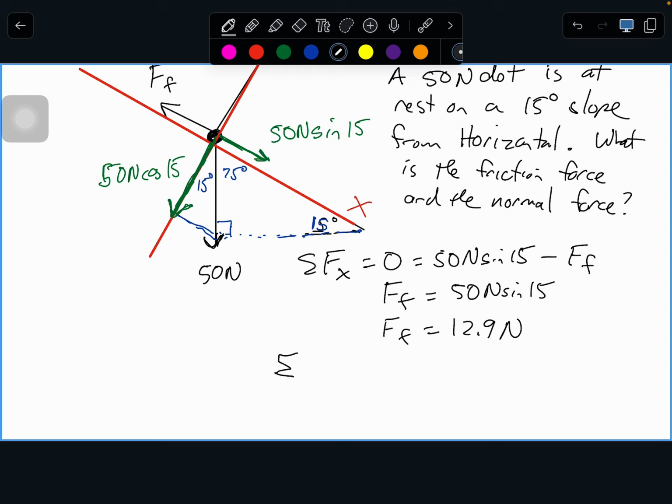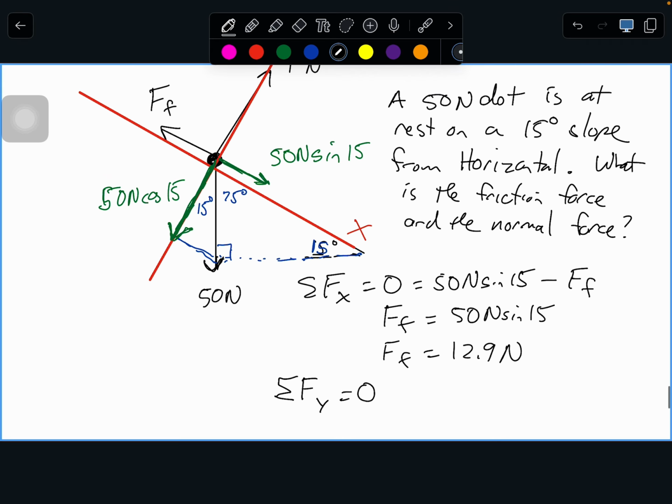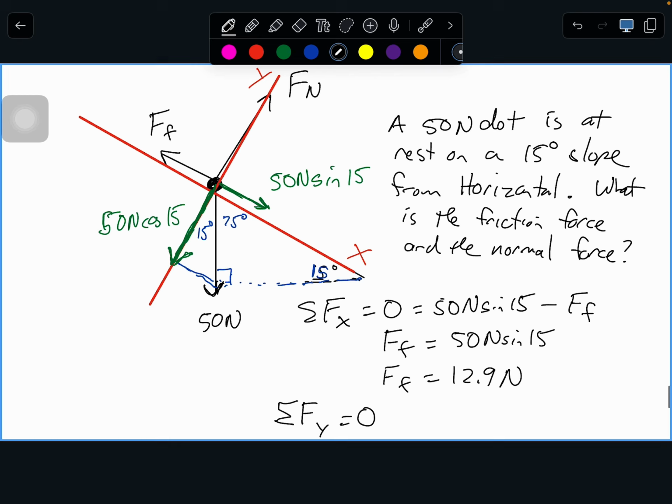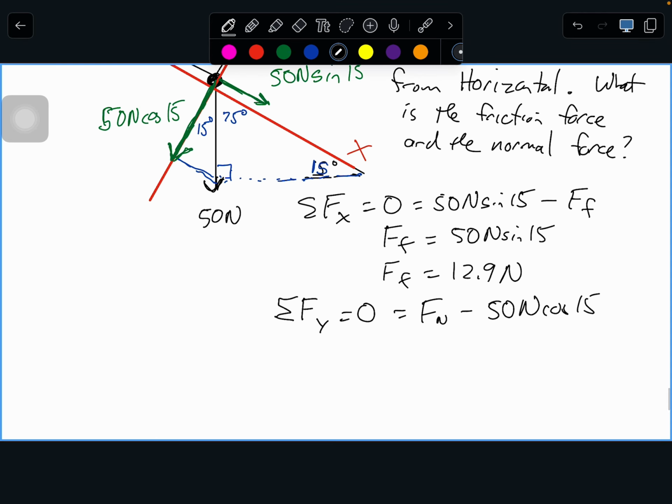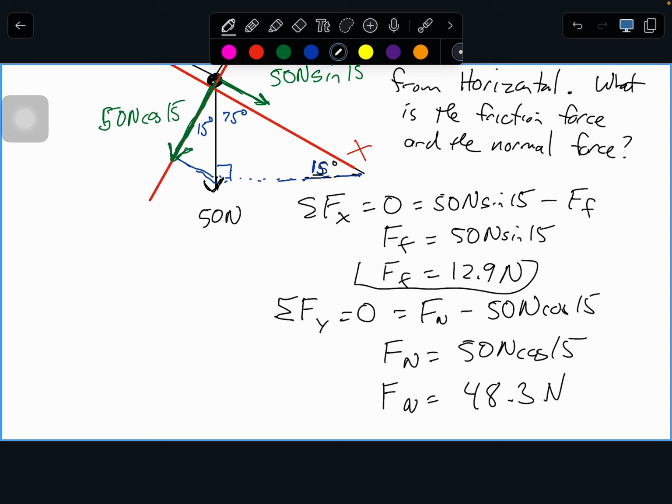Sum of forces in the y direction is 0. And you can see in the y direction that equals my normal force minus 50 newtons cosine 15. Move it up a little. So my normal force is equal to 50 newtons cosine of 15, and that equals 48.3 newtons. So breaking it up, doing each of those.